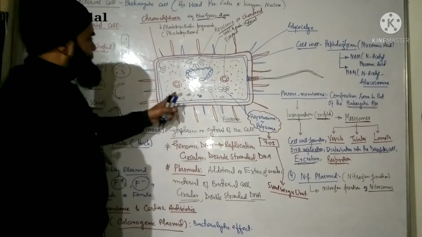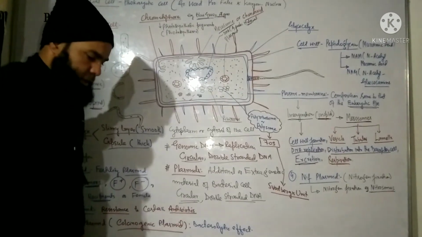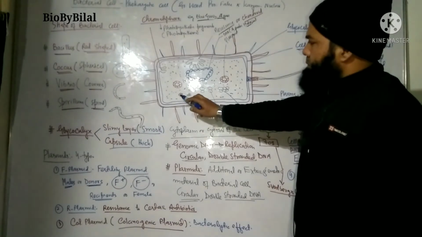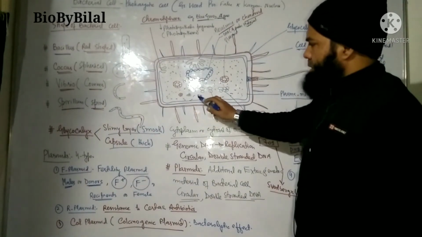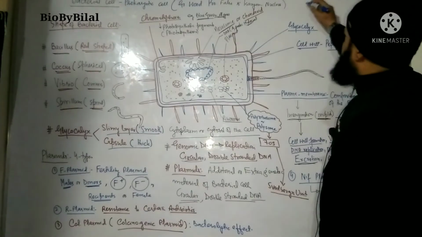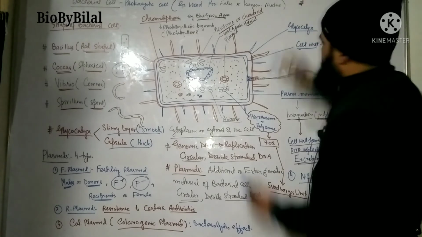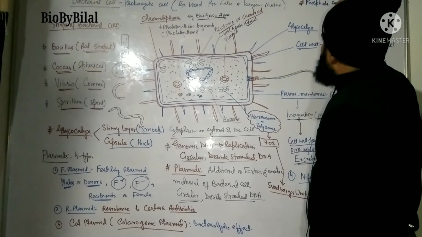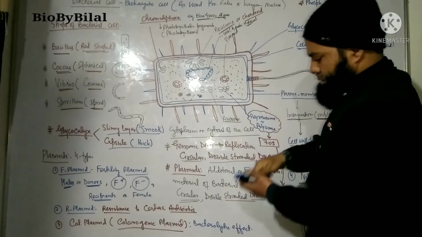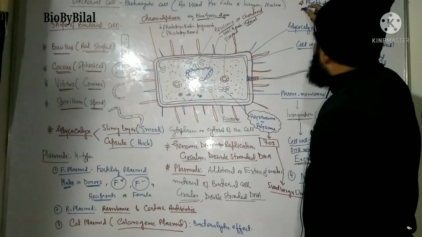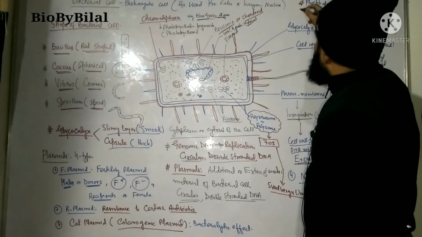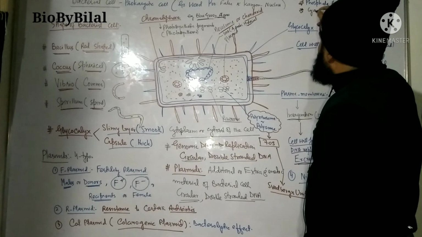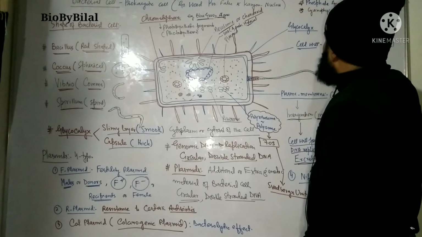Then the bacteria also contain the food granules, here represented by different colors of the marker. This red marker here, these are to be considered as the phosphate granules. And the second category, the blue color, or we can say the dark colored granules, are to be considered as the cyanophycean granules.